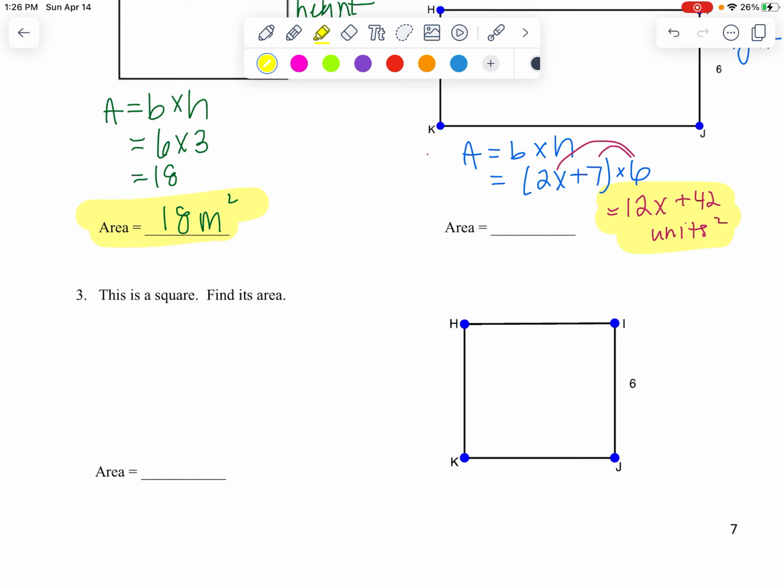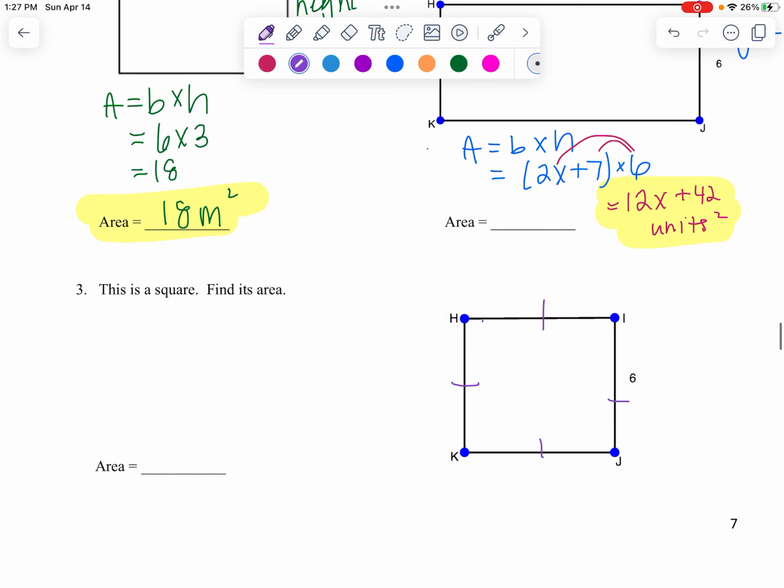It says this is a square, and it's asking us to find its area. What do we know about the properties of a square? We know that they have all equal sides, and the angles are all going to be 90-degree angles. So that means that if this is 6, then this must be 6, this must be 6, this must be 6.